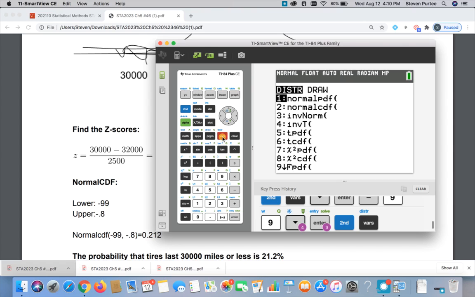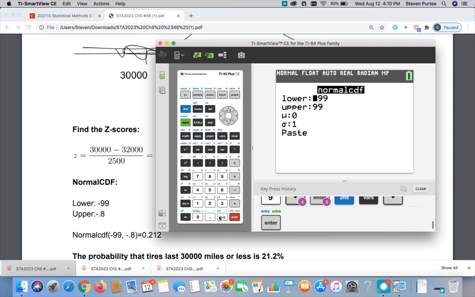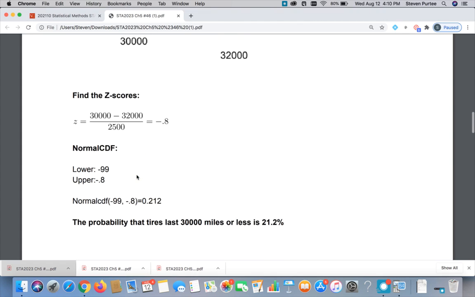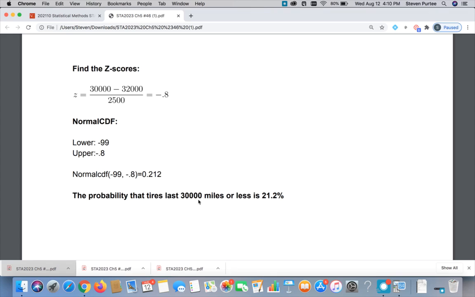So I want second vars, number 2, always number 2, negative 99 to negative 0.8. And I get about 21%. So the probability that the tires last 30,000 miles or less is about 21%. Or another way to say that is about 21% of tires last less than 30,000 miles.